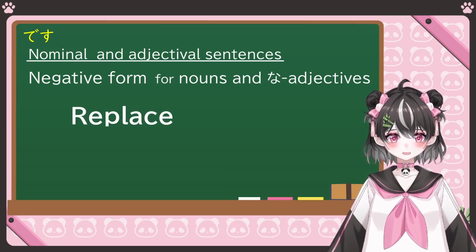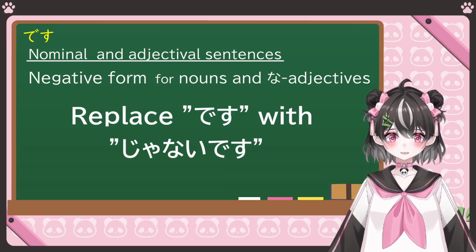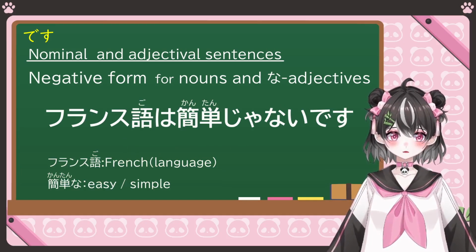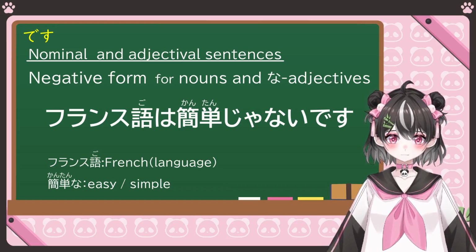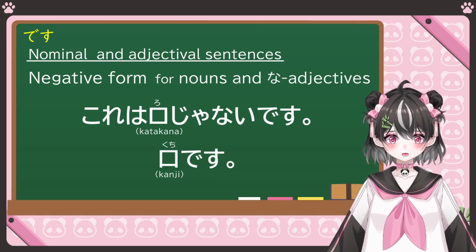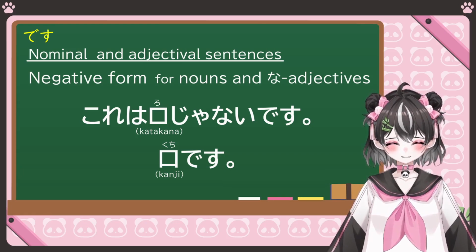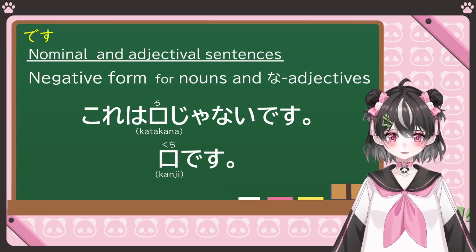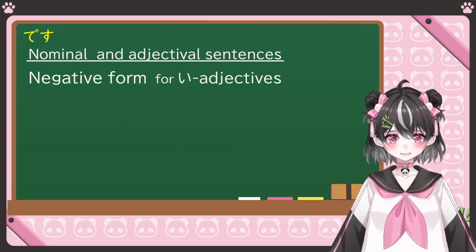Just replace です with じゃないです。For example, フランス語は簡単じゃないです。これはろじゃないです。口です。I can't tell them too. 私もわからないよ。But for い adjectives, there is another rule.